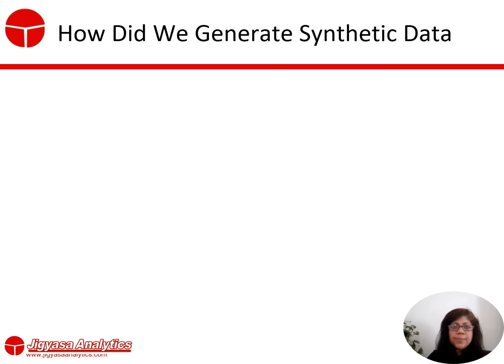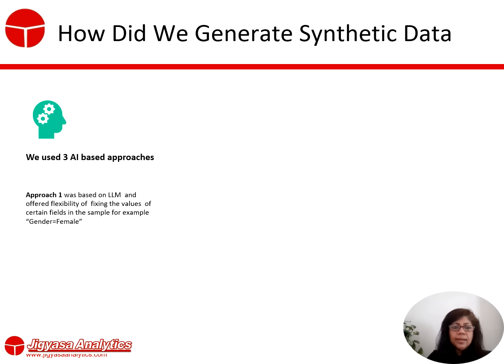Working with these two types of deep learning models, we generated synthetic samples using three approaches. The first approach was based on a large language model and offered us the flexibility of fixing the values of certain fields. For example, we could fix the value of age to be greater than 50 and gender to be female and generate synthetic samples only for that combination of variables.